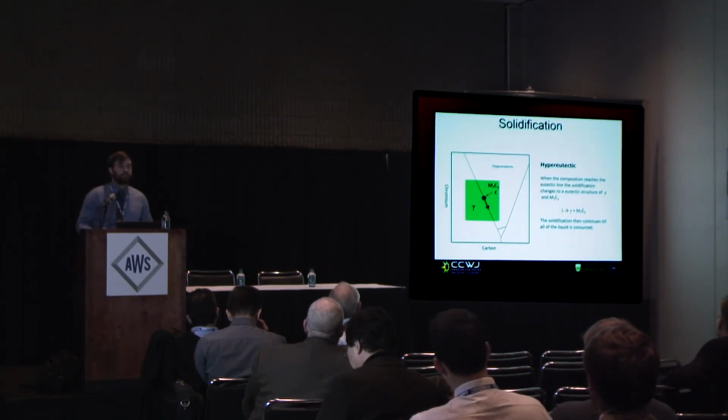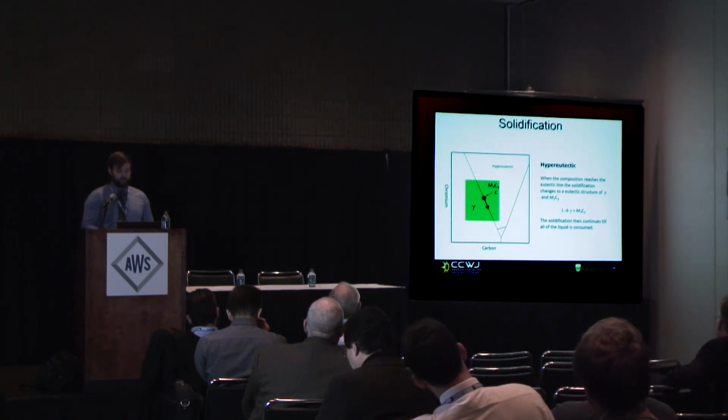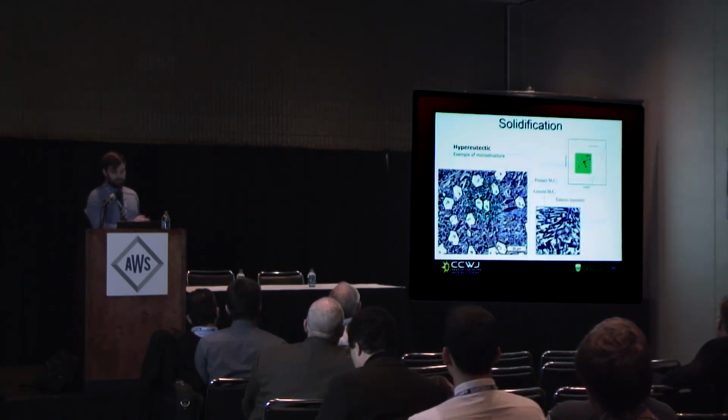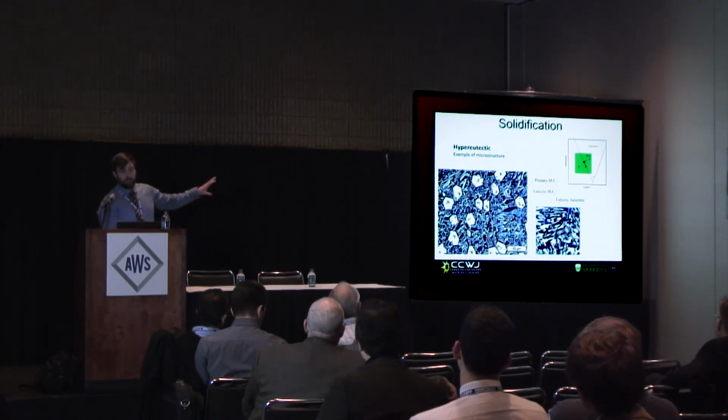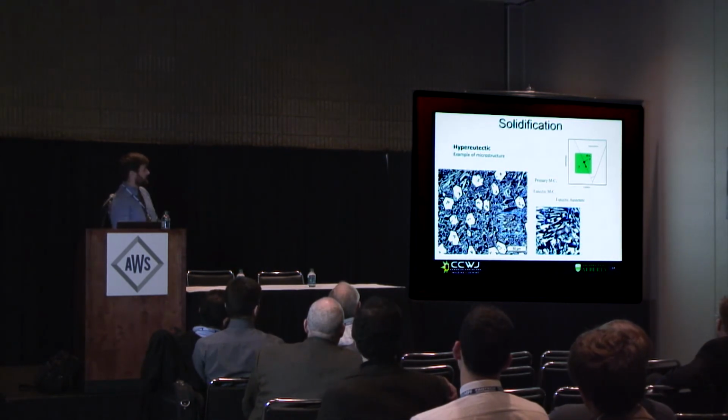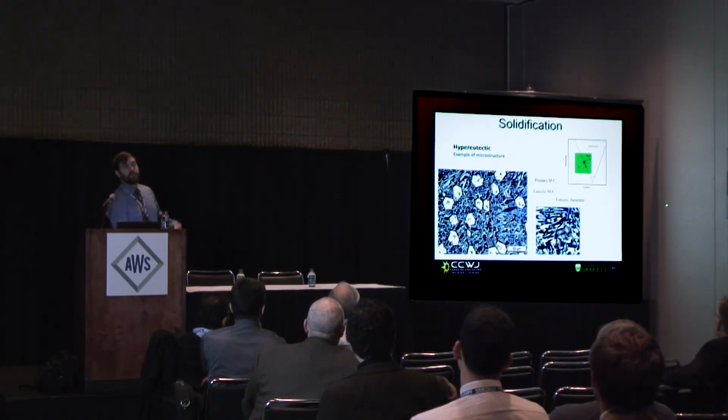It reaches the eutectic line, then you get the eutectic solidification. This is the example of the hypereutectic microstructure, and you can see the primary carbides have a very different morphology. They tend to have these cores on the inside, and then once again are surrounded by the eutectic.